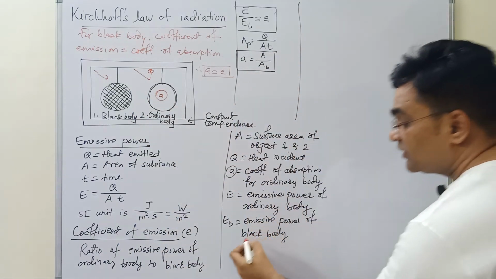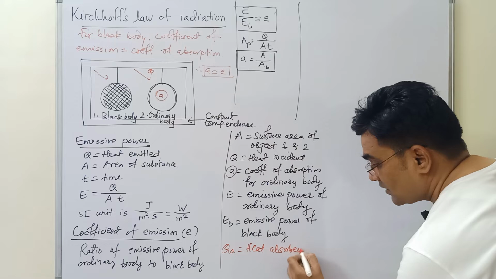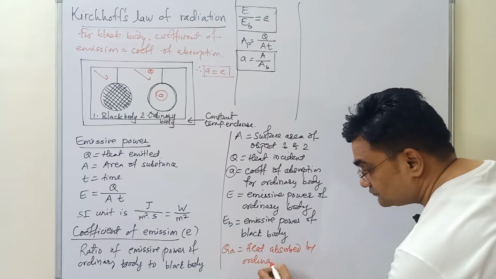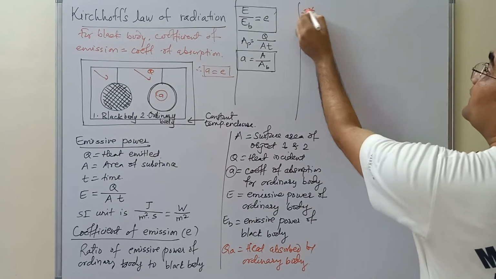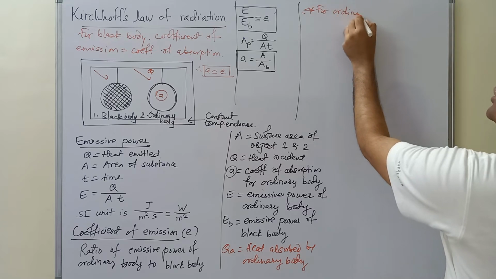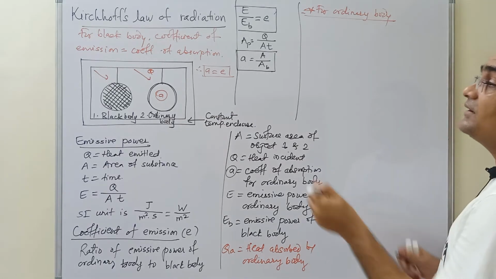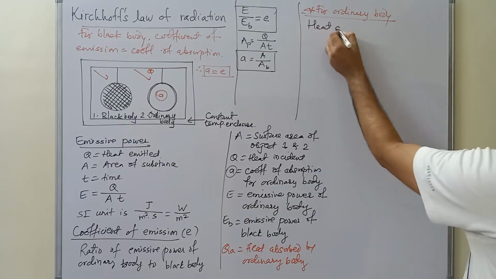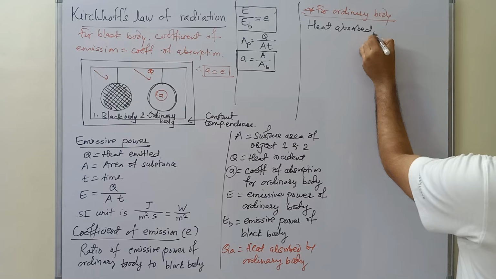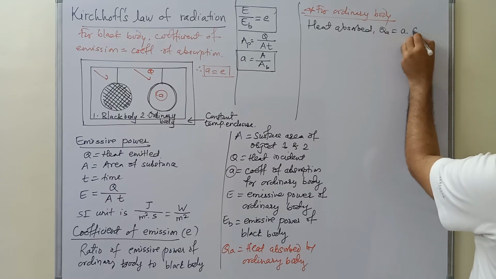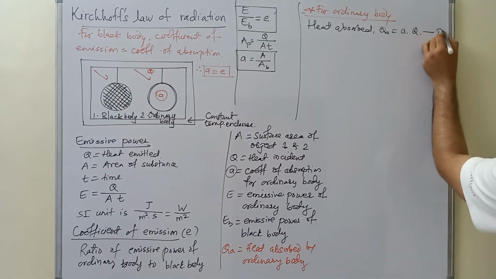If I say QA is the heat absorbed by the ordinary body, then heat absorbed is equal to QA, and according to the formula it is a into Q. If you remember, a equals QA upon Q. So give this equation number 1.